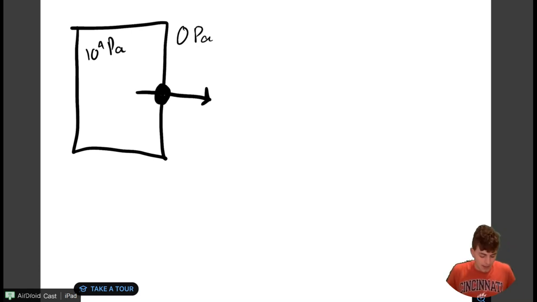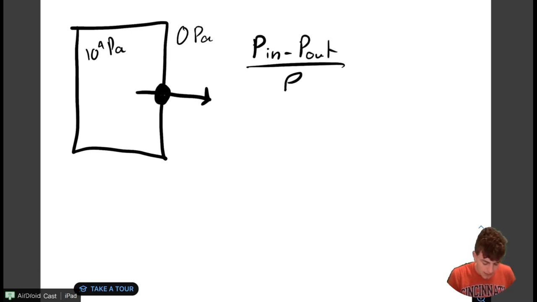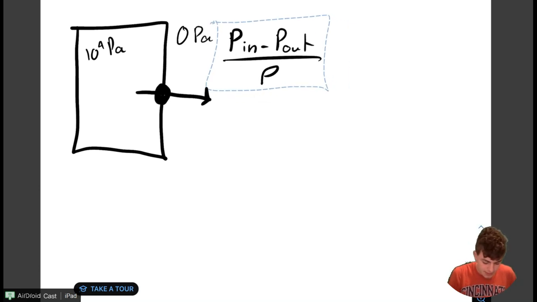Now, we can go ahead and use Bernoulli's equation in order to attempt to define the velocity of air in, at, or around the hole, the velocity of air as it leaves the tank. And so let's go ahead and write Bernoulli's equation again. It's going to be P in minus P out over the density of the substance.